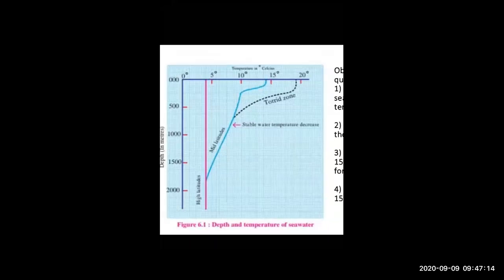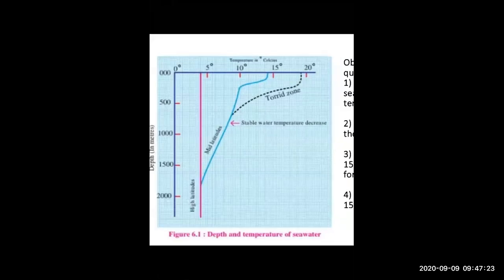There are two types of ocean current: cold ocean current and warm ocean current. I hope you heard these names before also. The surface temperature of cold ocean current is less.